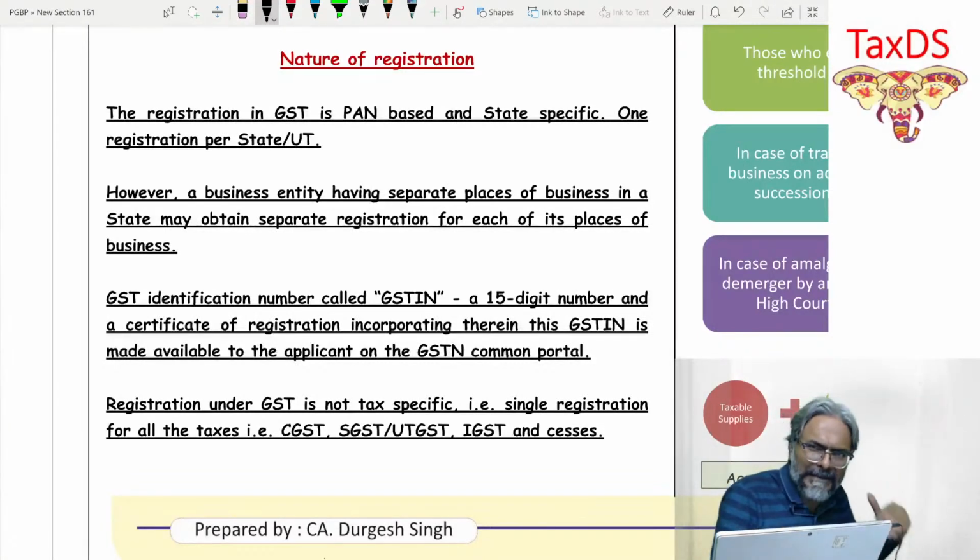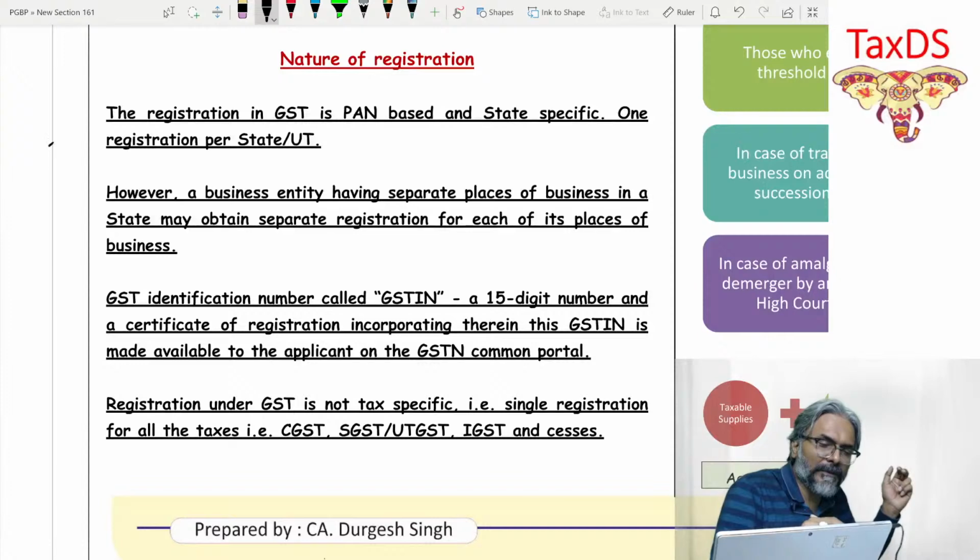Obviously, because you have to pay the SGST, and that SGST you have to pay to that particular state government. So, though it is a PAN based registration, you will have to take registration state wise. If you have got more than one place of business, students, then you will have to take that many registrations, so you will have that many GSTINs.